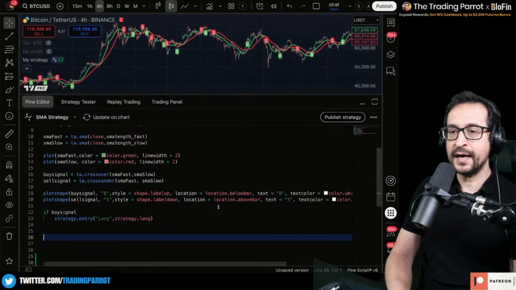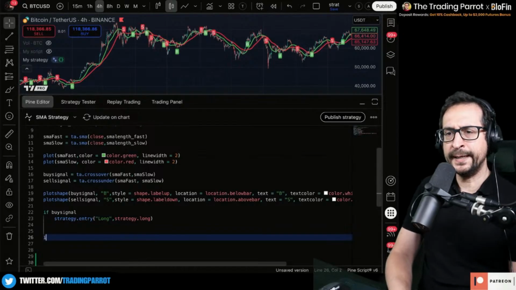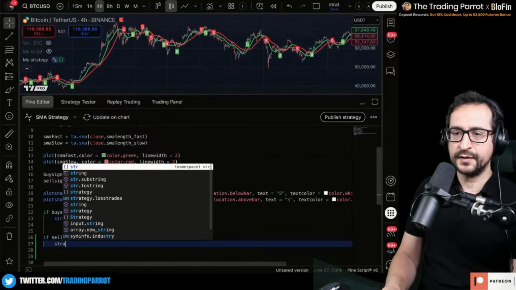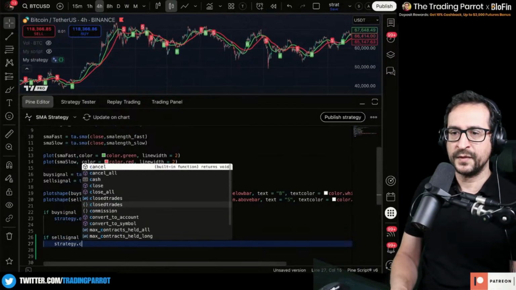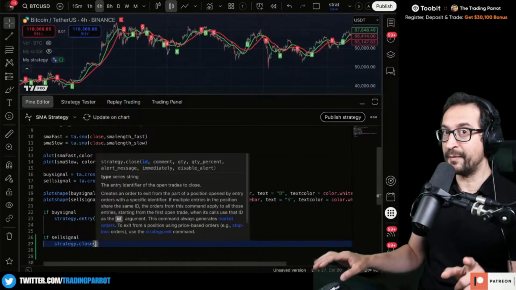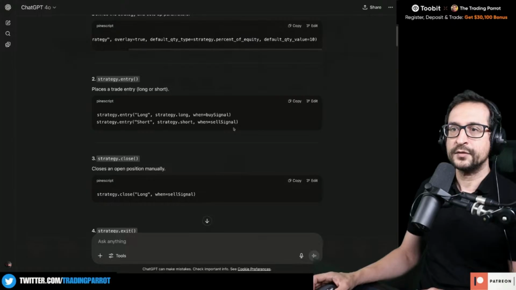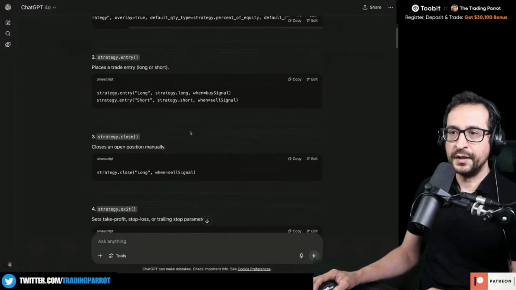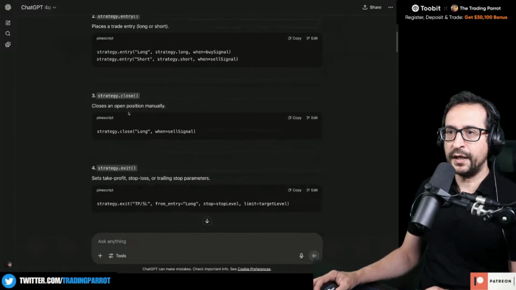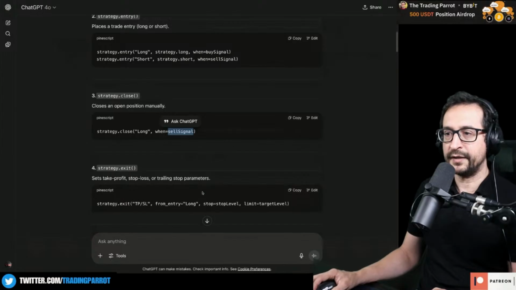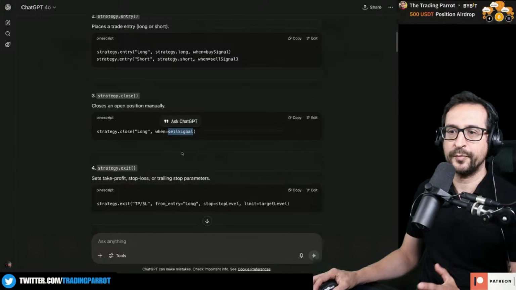So if we say now, if sell signal, we can say strategy. Let's use the close. Do you still remember what's the difference between close and exit? Let's go back to our cheating code in here. The close is closing the position manually, typically when you get a signal coming in, and the exit is to exit with take profit, stop loss, trailing stop parameters.